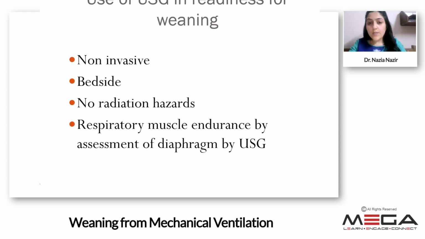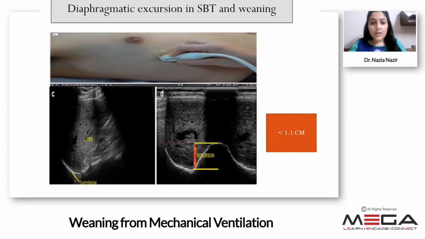Now, ultrasound is useful in ICUs, and it can be used for assessing the readiness for weaning, as this modality is non-invasive, bedside, has no radiation hazards, and can assess the diaphragm. In this view, the subcostal view is taken and the diaphragmatic excursion is observed.